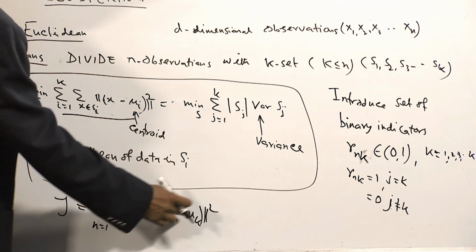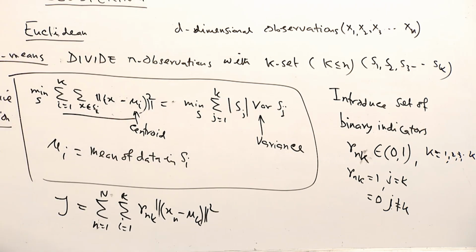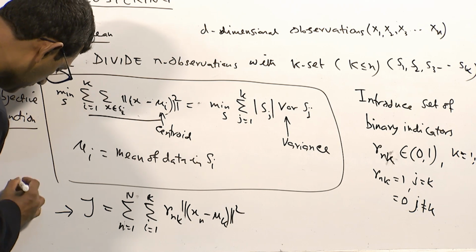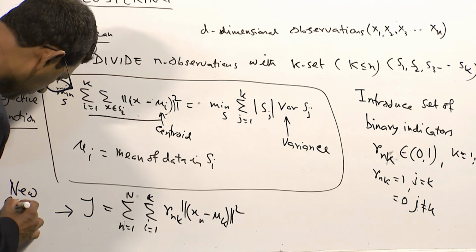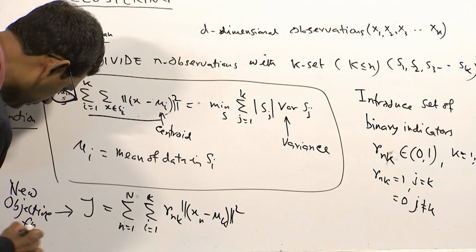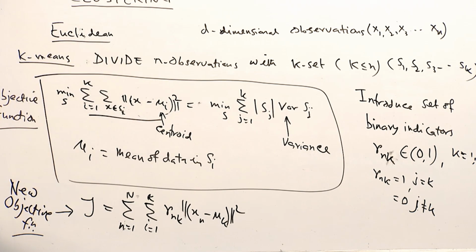Once it becomes 1, only then do you need to sum it. Am I right? So, this is my new objective function. We modified it very nicely, right.